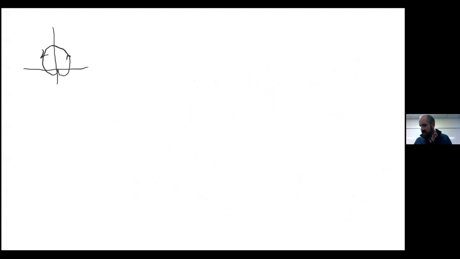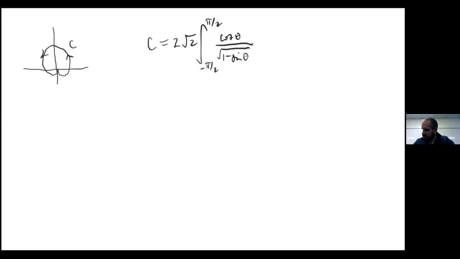What we had was that the circumference of this thing is equal to 2 times the square root of 2, never mind the work we did to get to this point, integral from negative pi over 2 to pi over 2 of cosine of theta over the square root of 1 minus sine of theta d theta.